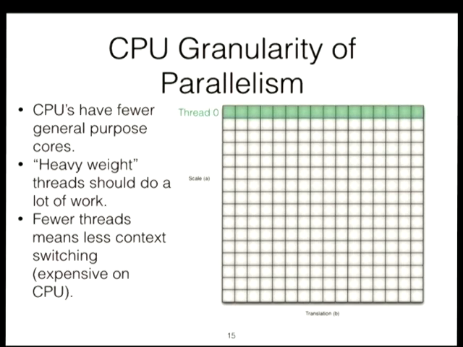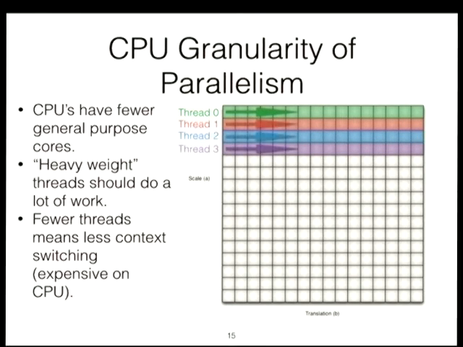So we have our scale and translation. Thread 1 will operate on the first scale, and it'll go away and do its own business and do a convolution at each translation, like so. We have 4 threads in this processor, so thread 1 is on scale 1, thread 2 on scale 2, and so on.